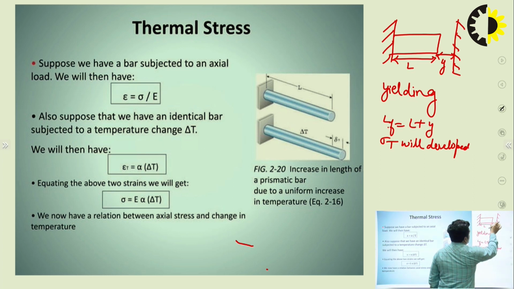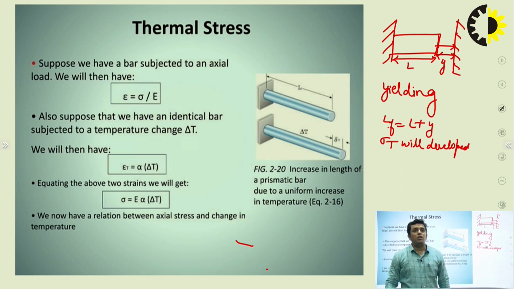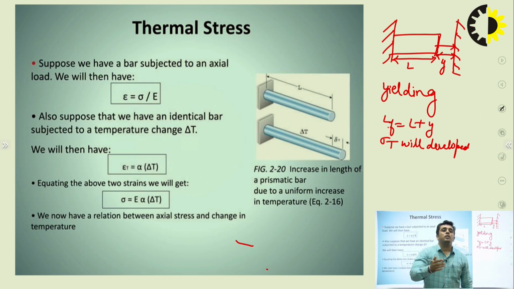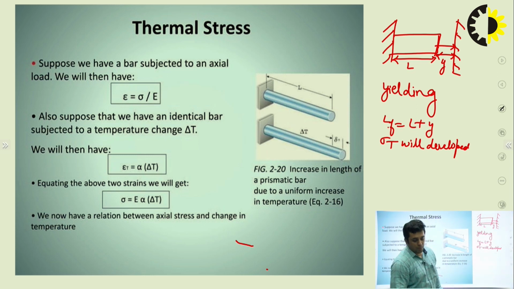Whenever this distance becomes 0, meaning the member reaches this point, after that there will be development of thermal stress. Before that point, there will be no thermal stress. Are you getting my point?